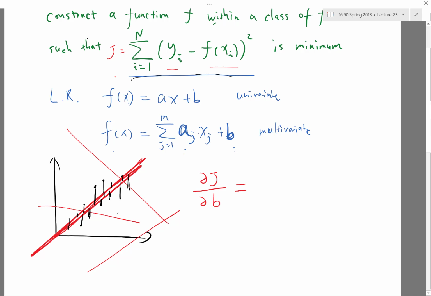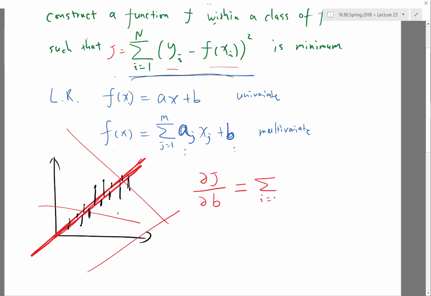So J is actually an indirect function of these B's. Without substituting this f of x into this equation and expanding everything, is there a good way to compute its derivatives? The chain rule, dJ/df times df/db. Yes, it's actually the summation.